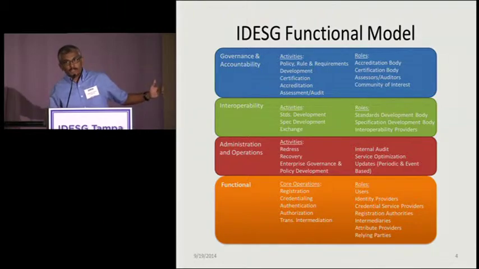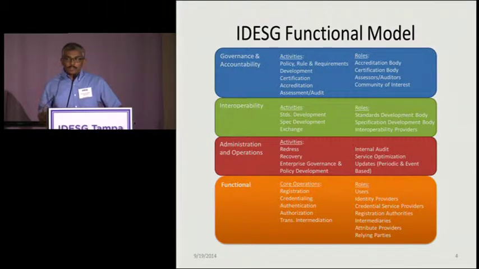Are we talking about registration? Are we talking about credentialing, and so on? So use those terms. Similarly for roles: we are talking about an entity. Is it playing an identity provider role, or a credential service provider role, or some other role? So I want to emphasize that we need to use this document to bring that consistency into the rest of the work that we produce.